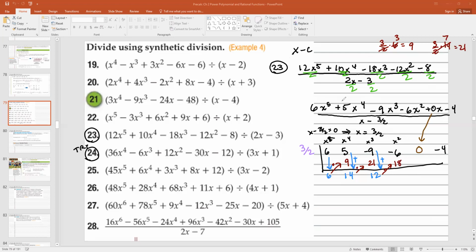And then add -6 plus 18 is going to give us 12. And then multiply. And it's the same thing as before. So 18. And then add. You get 18. And then multiply.